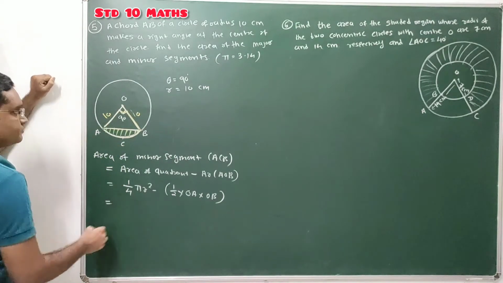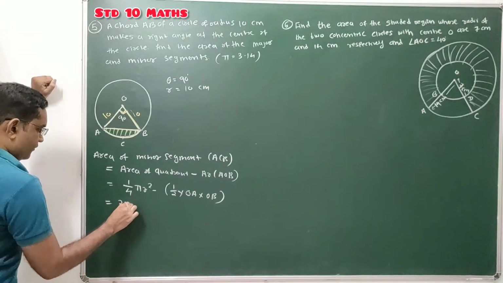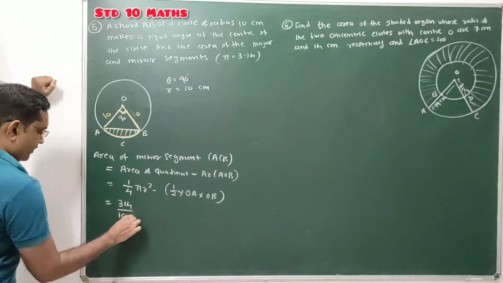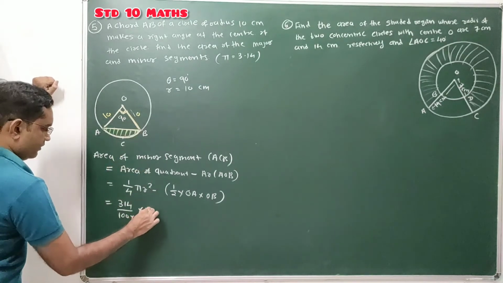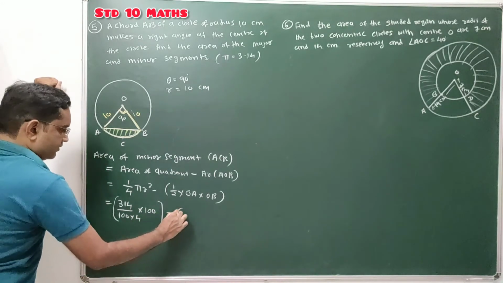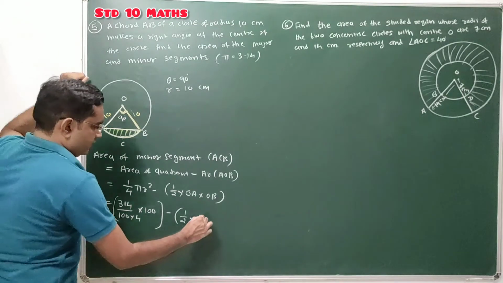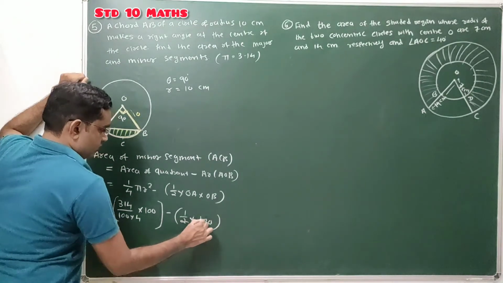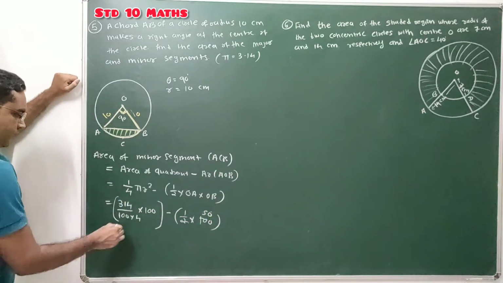Put the values. So here we have to take pi equal to 3.14. So 314 upon 100 into 1 by 4 into r square, 10 into 10, 100, minus 1 by 2 into again 10 into 10, 100.